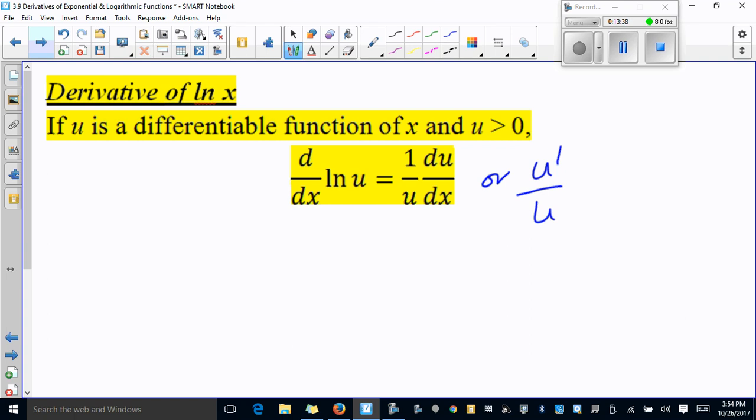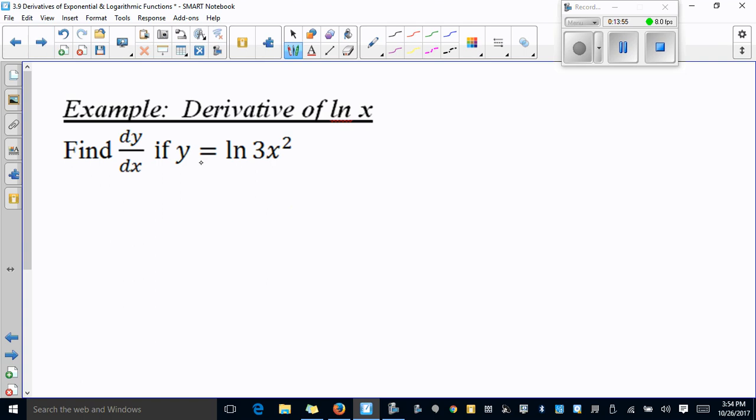On this one here, we look at this, we go, well, u is equal to 3x squared. So u prime is 6x. And our derivative y prime is u prime over u. So y prime equals 6x over 3x squared.